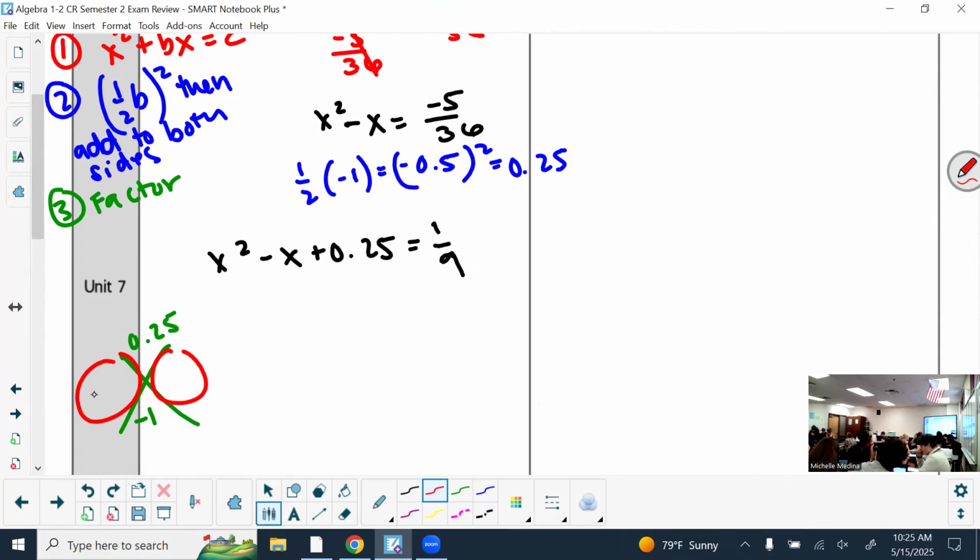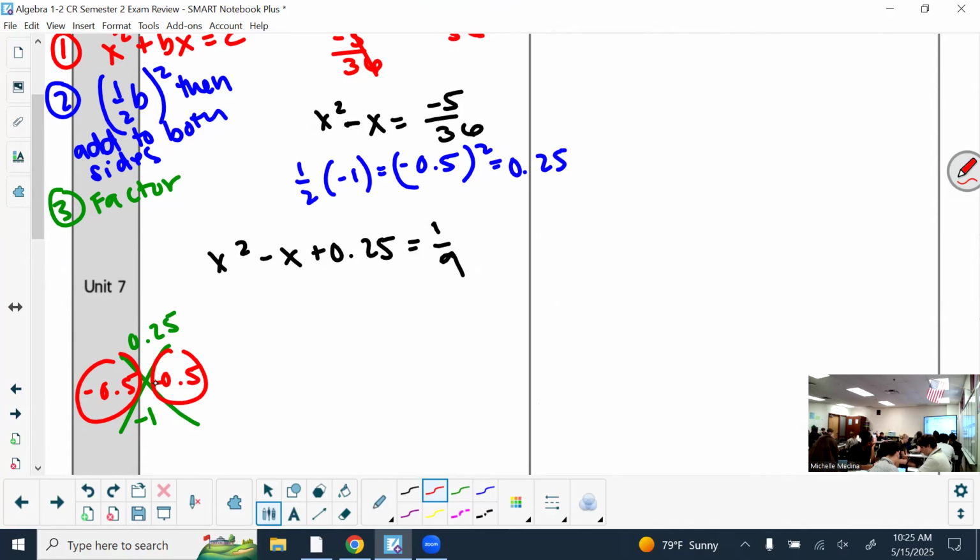Not just 0.5, but how do I make it add to a -1? Okay, so they both have to be negative.